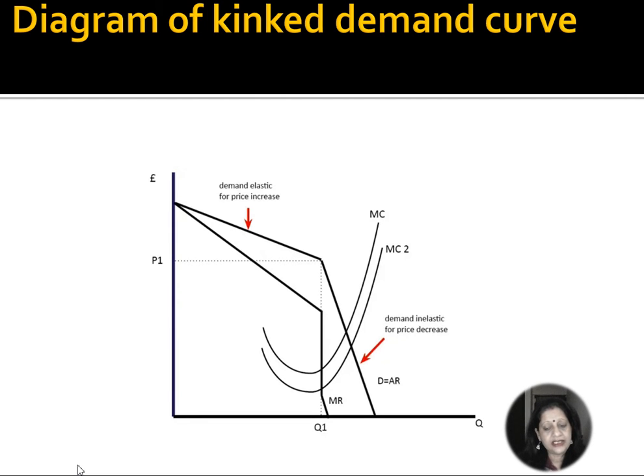A bending demand curve is known as a kink demand curve. Demand is elastic for price increase and inelastic for price decrease. Here you can see the downward bending curve, known as the kink demand curve.